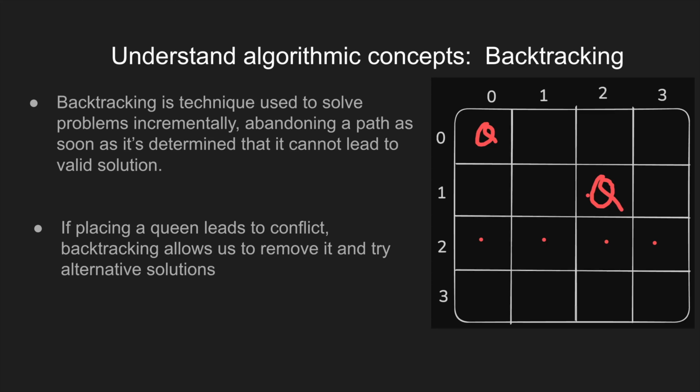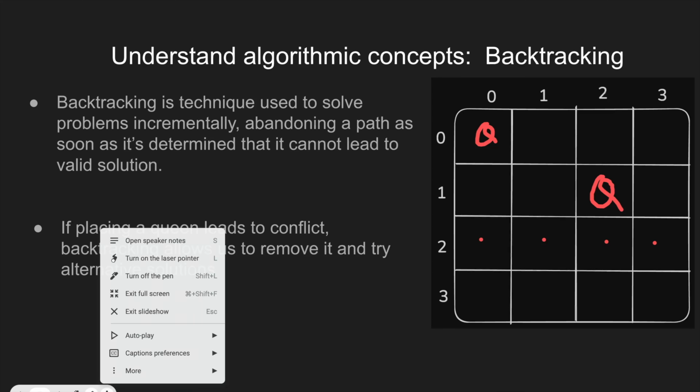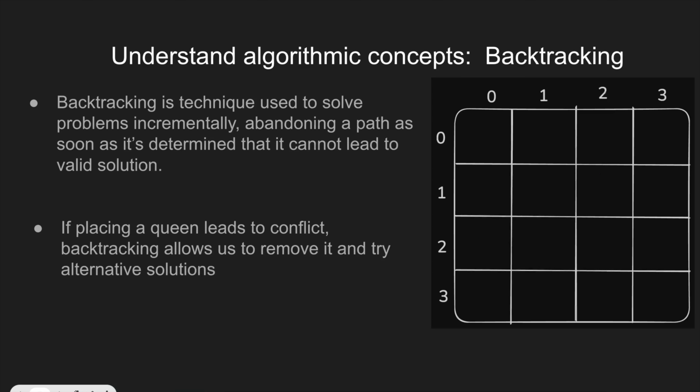So we need to remove this. Then according to this position, we will try to go to the next column and put the queen here. We will remove this position. And how will we remove this position? By using backtracking.